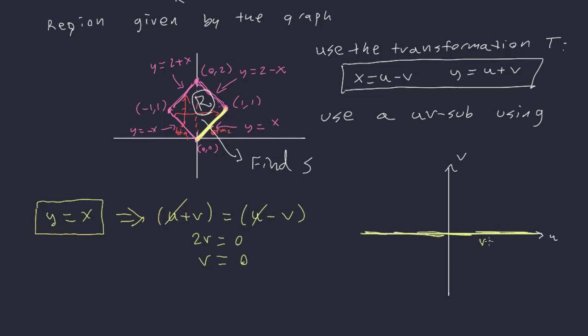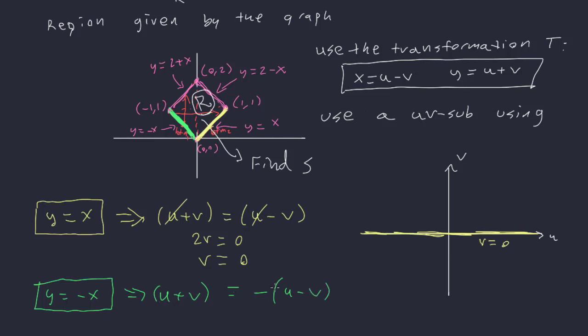Okay, so here's v equals 0. All right, now I'm going to take the next line. Let's say it's this one. Color it in green. That's y equals negative x. All right, and we're going to play with this one. The y is replaced by u plus v again. And then it will be negative x, so it's negative of u minus v.